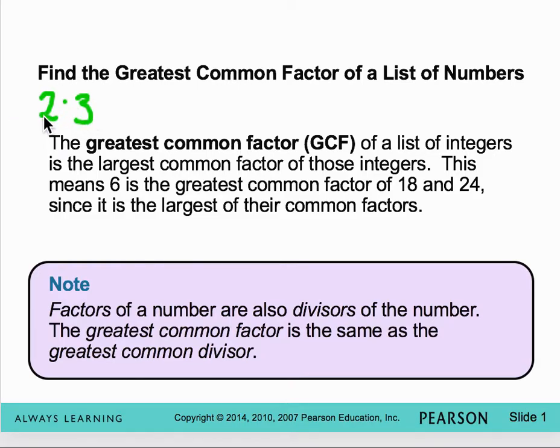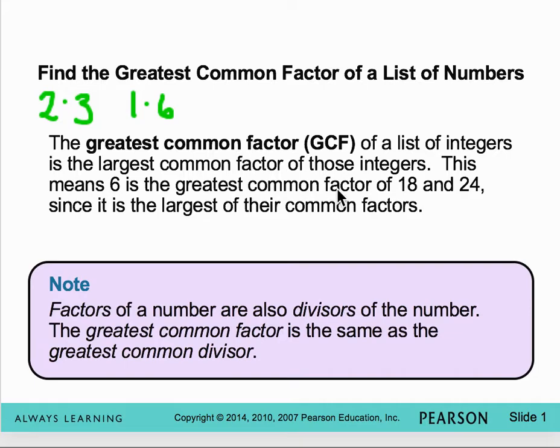So for example, the factors of 6 are 2 and 3 and 1 and 6. The factors of 12 are 6 and 2 and 3 and 4 and 12 and 1.